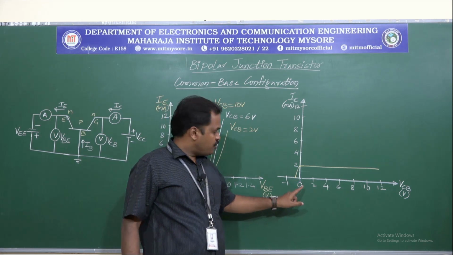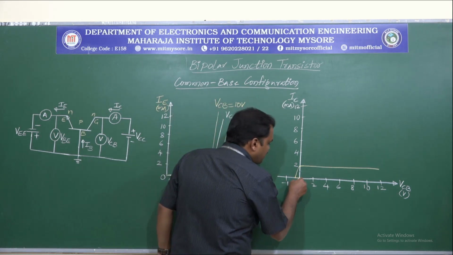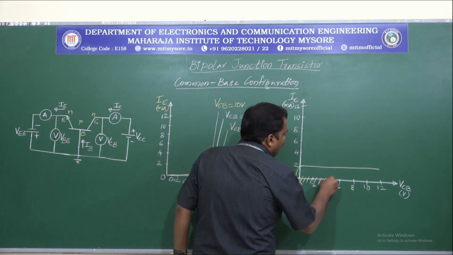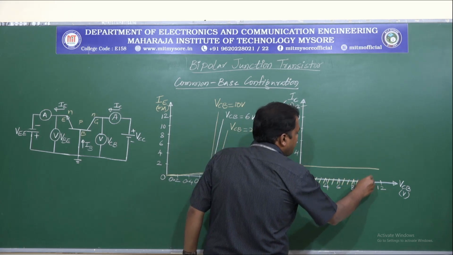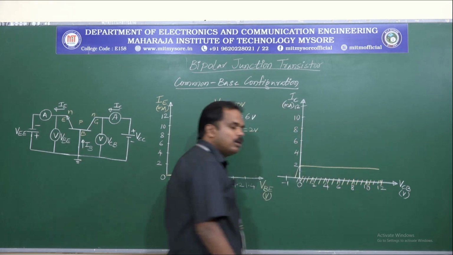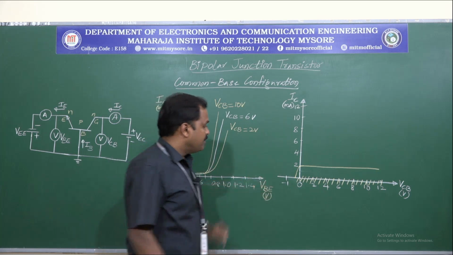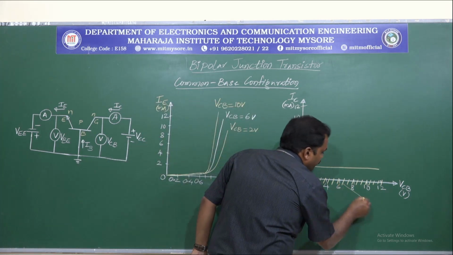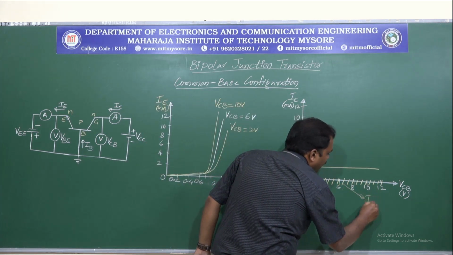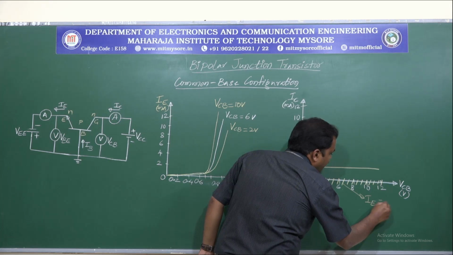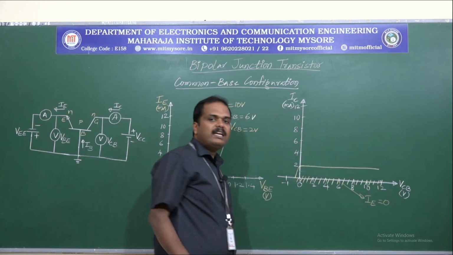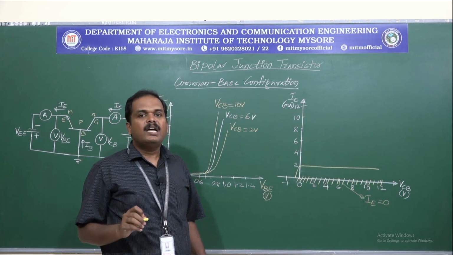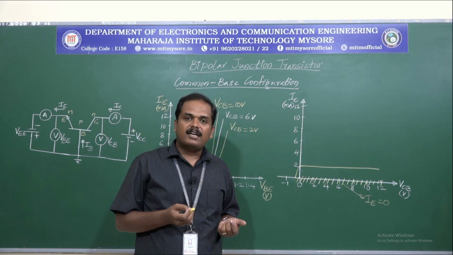So initially here this region we'll consider where IC is equal to 0. So this will be the condition for IE input current is 0. If in case input current is 0, then there would be no output current, right?